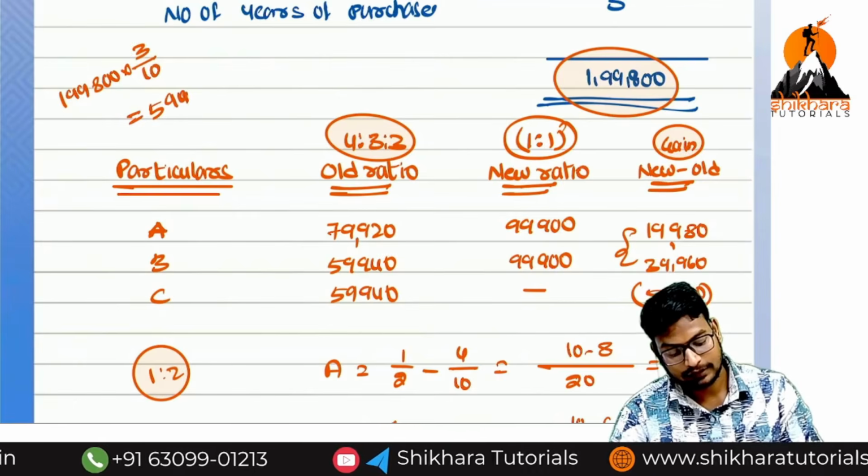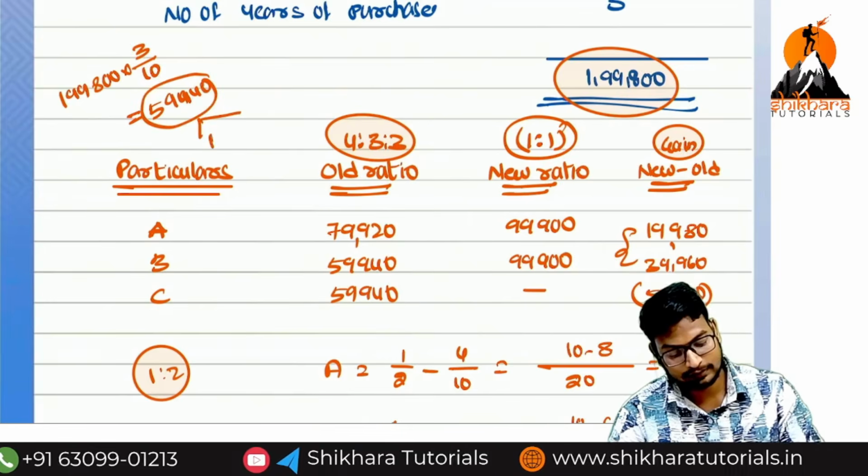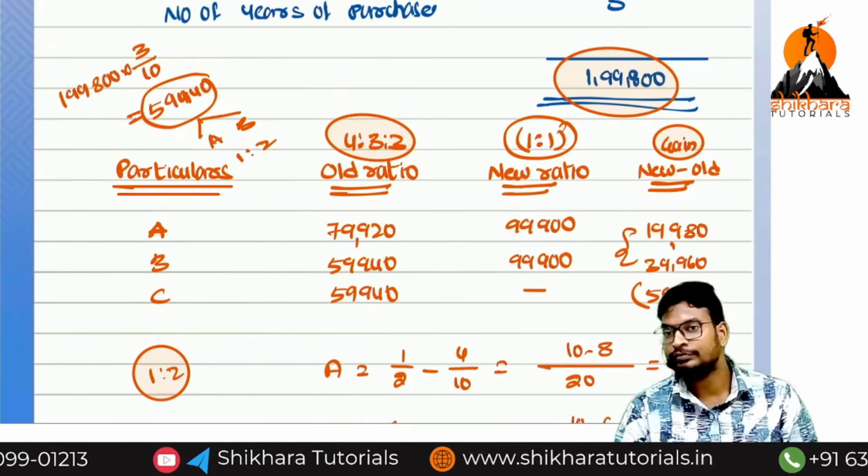How much do we get? 59,940. Now this 59,940 we need to distribute to the two partners, A and B, in the ratio of 1 is to 2. That we have already done. Now what is the entry?